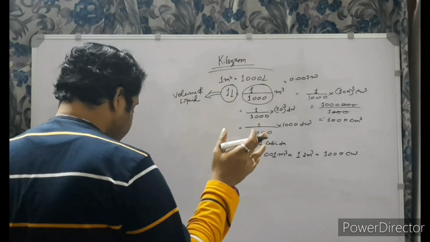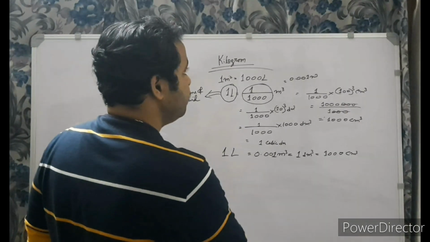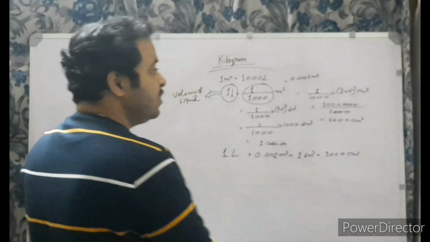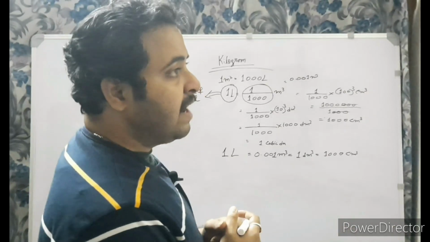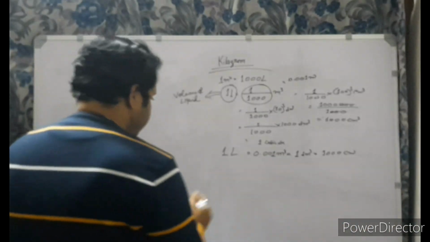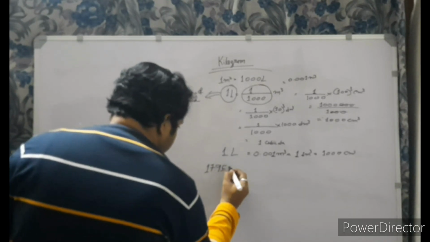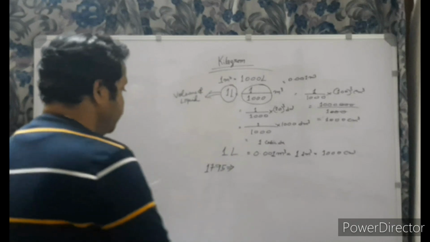At first, in 1793, the unit of measuring mass was different. It was called grave and gravet. We don't need to talk about that. We will start from 1795, when the concept of gram and kilogram came.